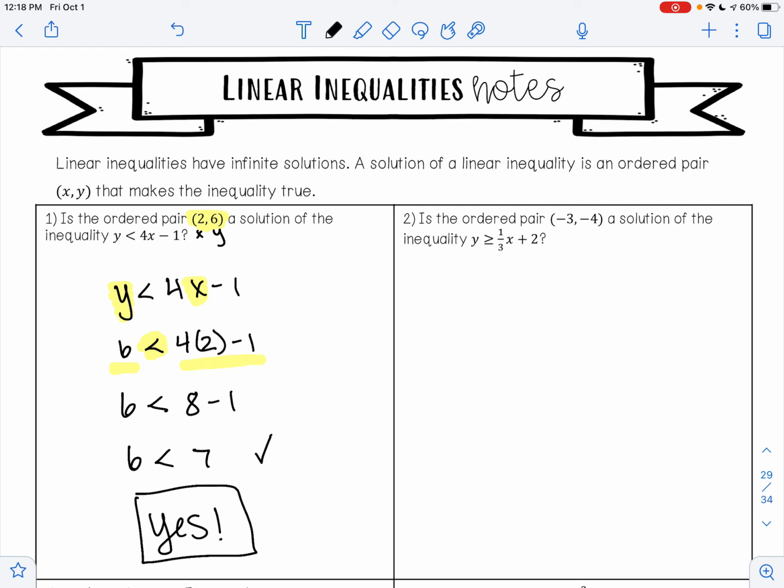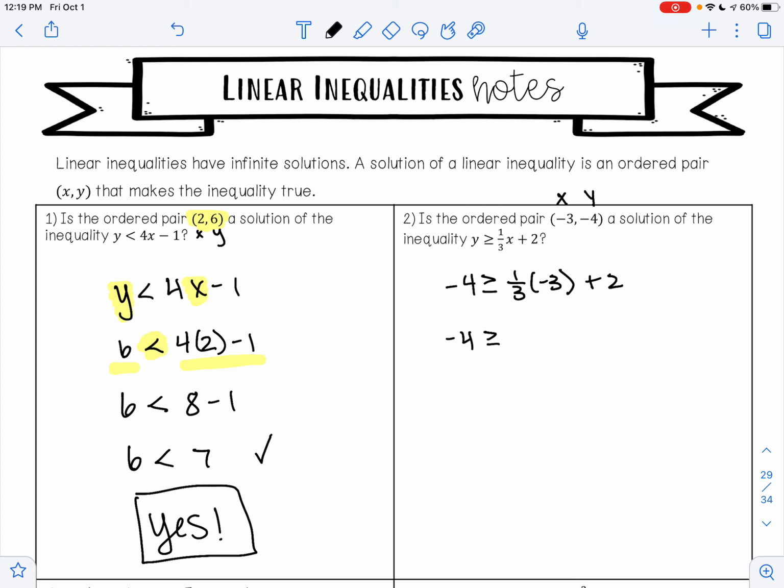Let's look at example 2. Is the ordered pair -3, -4 a solution of the inequality y is greater than or equal to 1/3 x plus 2? I'm going to plug in -3 for x and -4 for y. So I'll have -4 is greater than or equal to 1/3 times -3 plus 2.